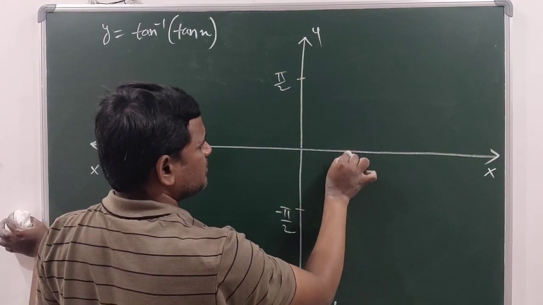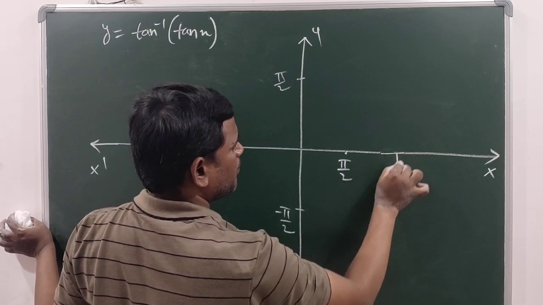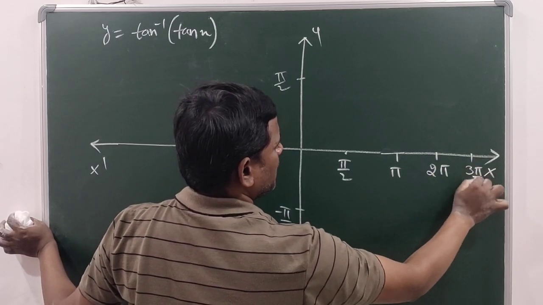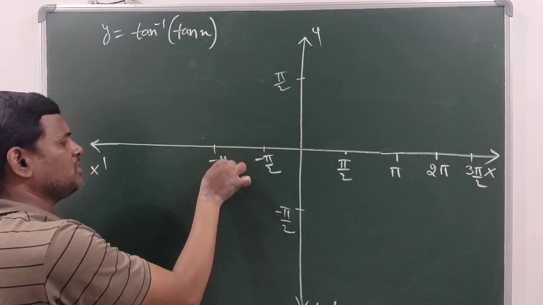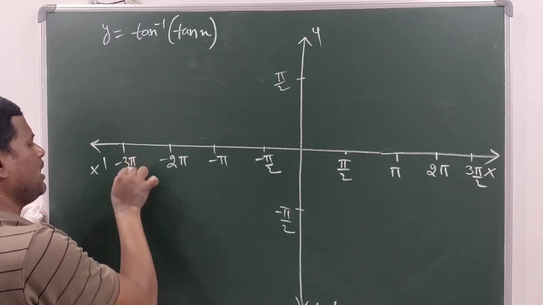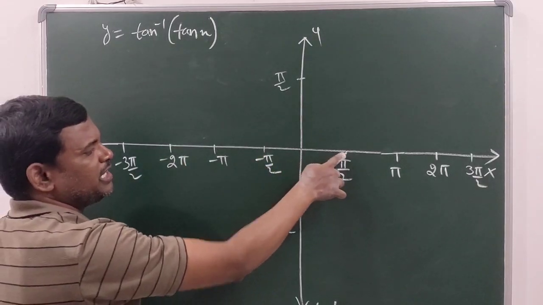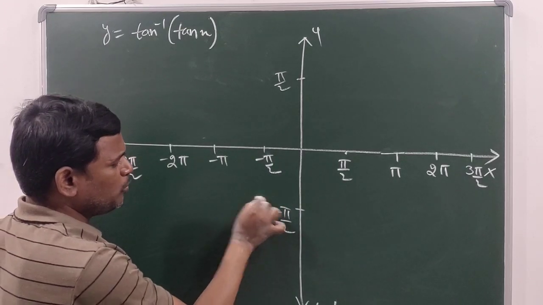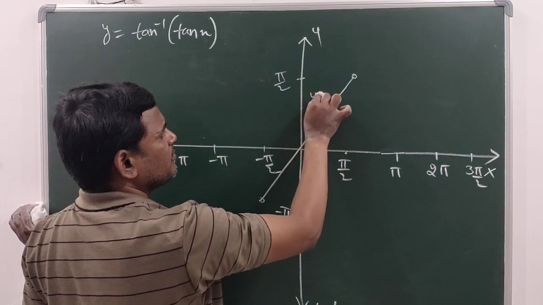On the x axis, here it is 90, here you can take pi, here 2 pi, here 3 pi by 2, here minus pi by 2, here minus pi, here minus 2 pi, minus 3 pi by 2 and so on. In the interval of domain minus 90 to 90, your range is also minus 90 to 90, so keep open circles and connect them. This will be the range y equal to x.